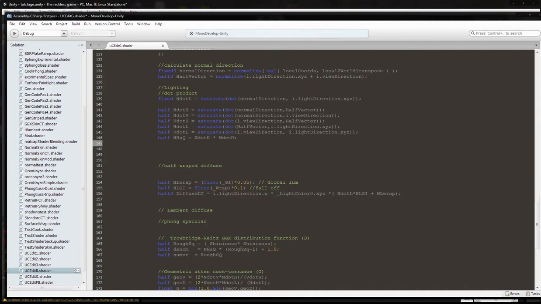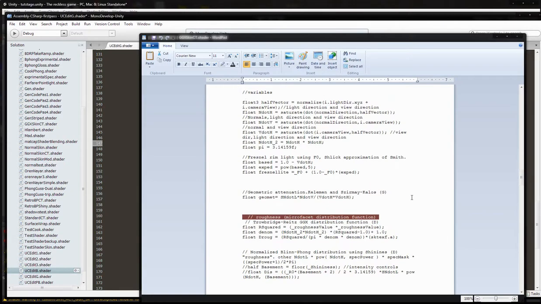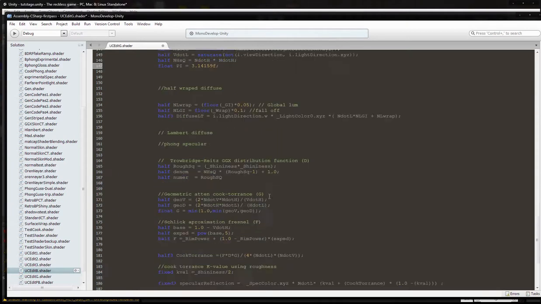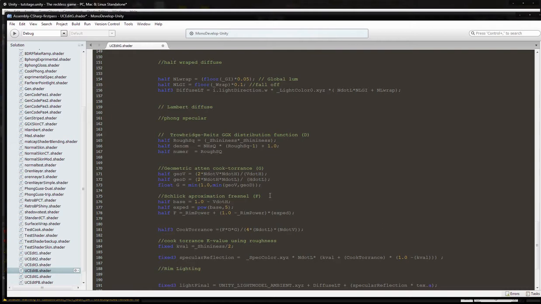So I want to go float pi is equal to 3.14159f, f for floating point. If that f gives you an error, just remove it. So back down here to the GGX distribution function.